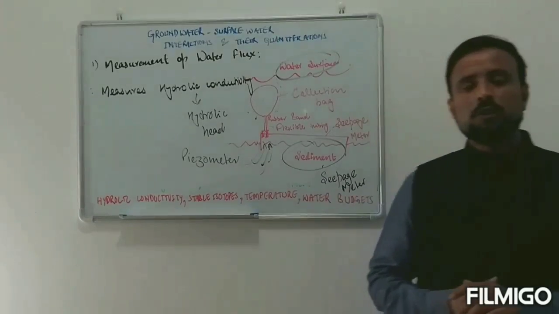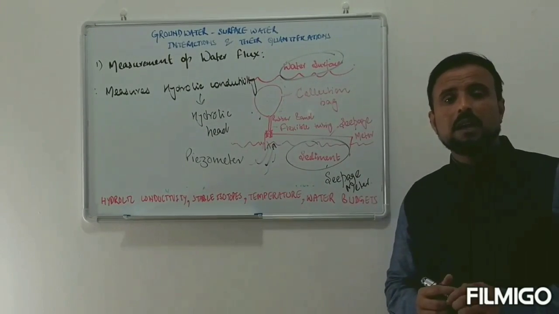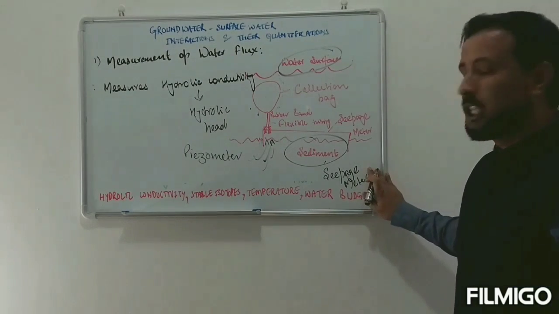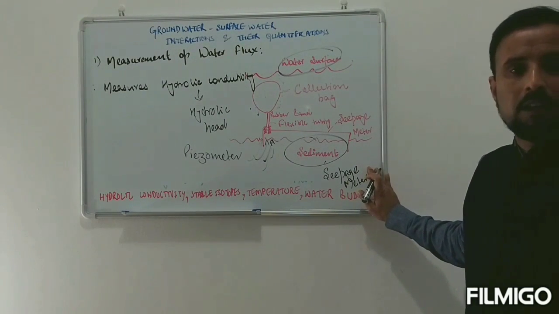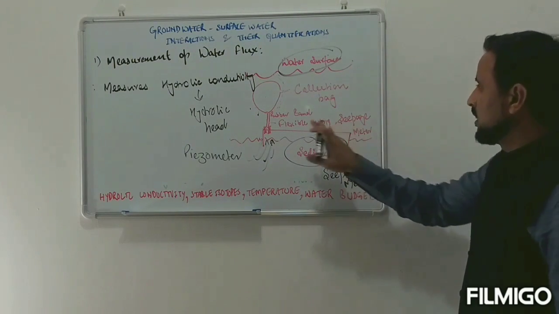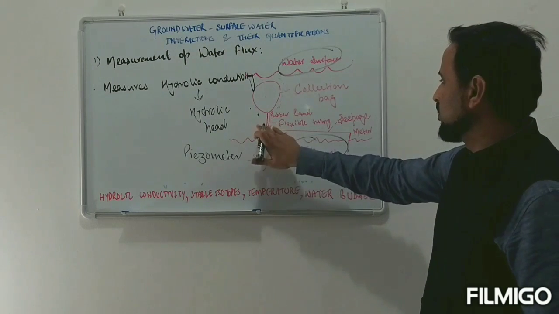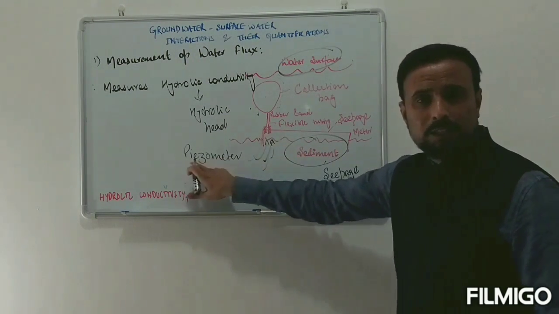First, the approach in which measurement of water flux is done is by a very simple instrument called a seepage meter. Seepage meter is a very simple, easy to make kind of instrument. It has a collection bag, flexible tubing, and a piezometer connected to it.